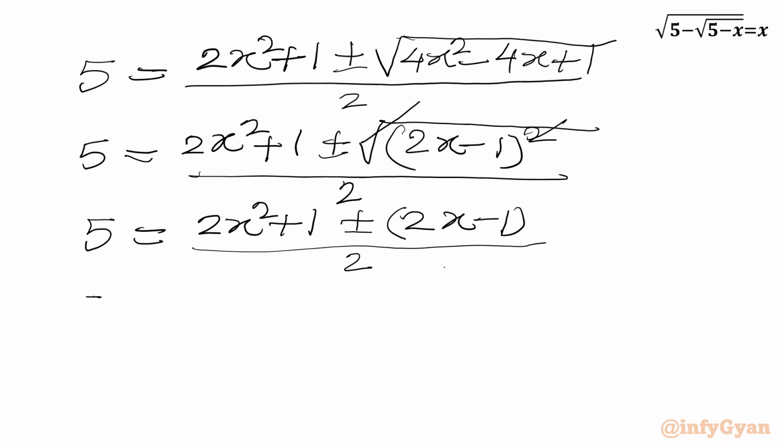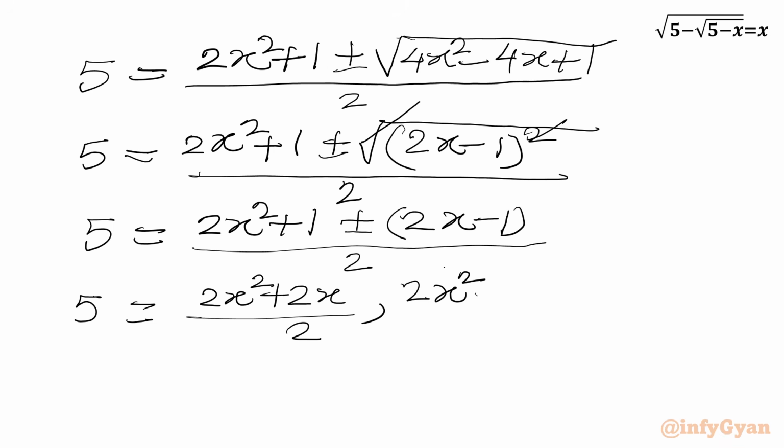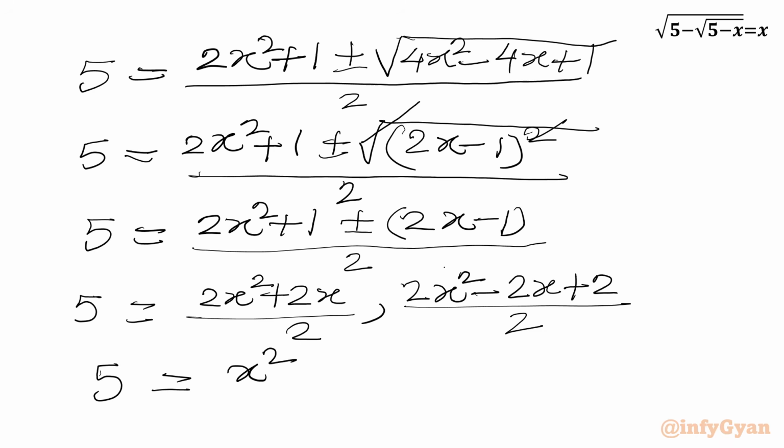So we can write 5 equal to 2x square plus 2x over 2, and second value would be 2x square minus 2x plus 2 over 2, which will be equal to x square plus x, and here we will write x square minus x plus 1.